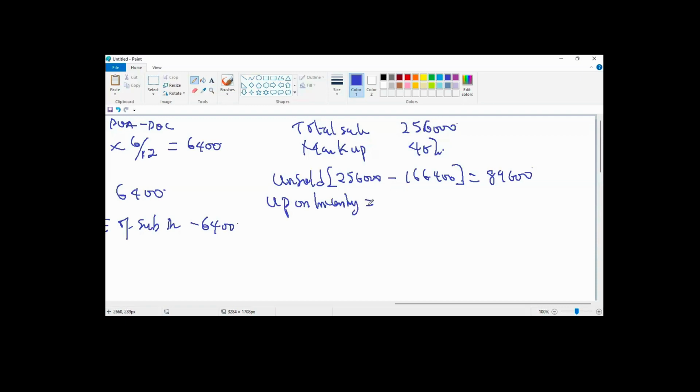Unrealized profit on inventory: 40/140 times 89,600.